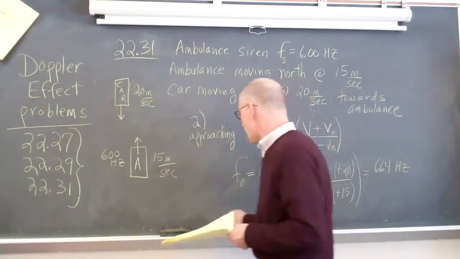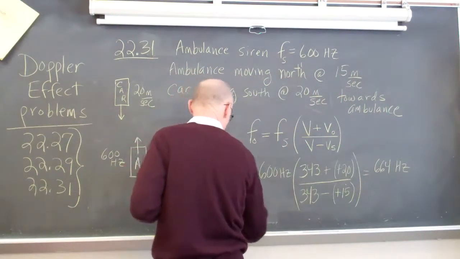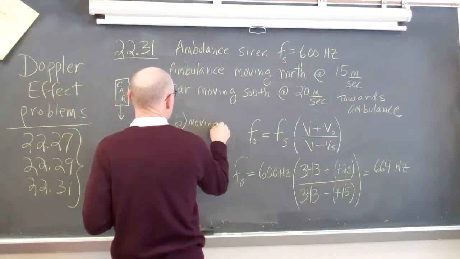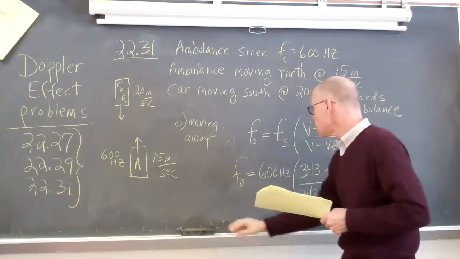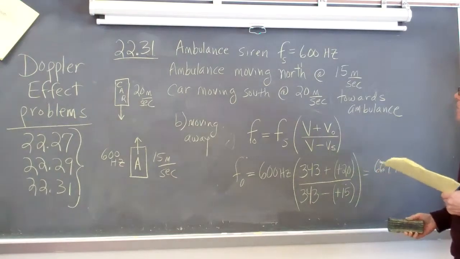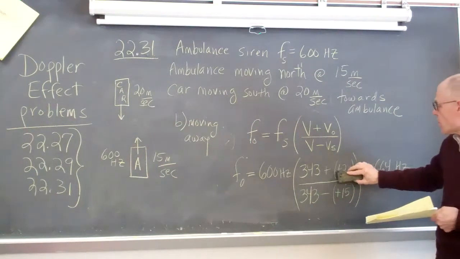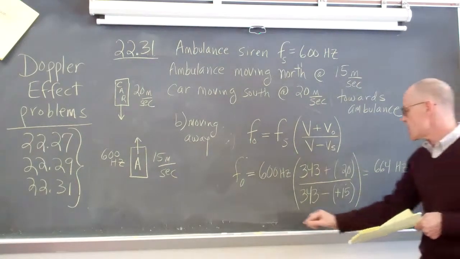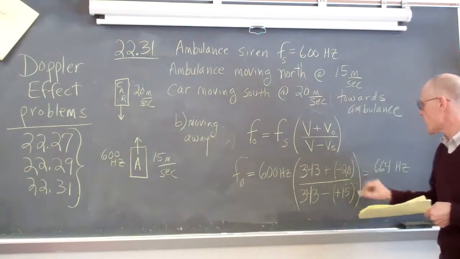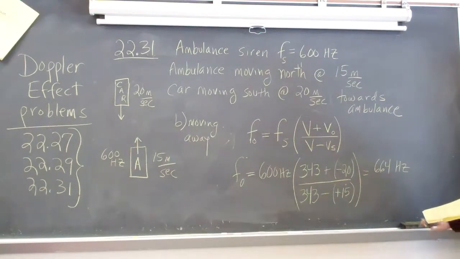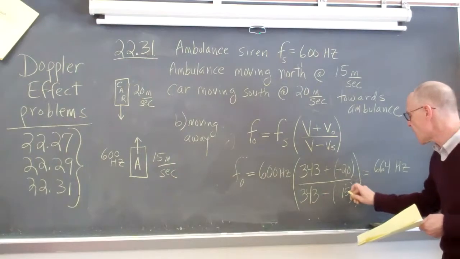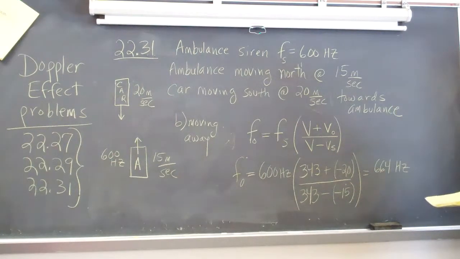All right, and then part B, moving away. So moving away, the speed of the observer now takes on a negative value, and the speed of the ambulance takes on a negative value because it's moving away as well.